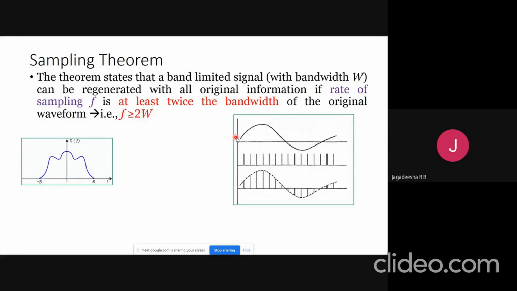For example, you have the continuous time signal here, and these are the different instants of sampling. That means here we are going to collect the amplitude value, and then at this point we are going to collect the amplitude value, and then at this time we are going to collect the amplitude value, and so on.